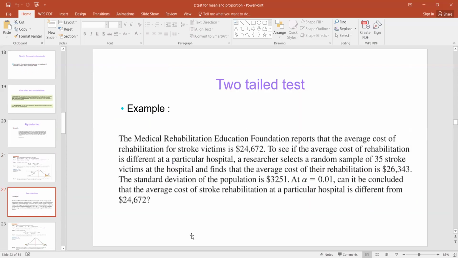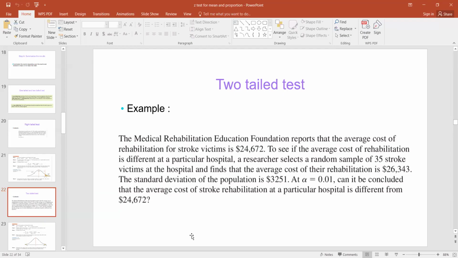This is an example of a two-tailed test. The Medical Rehabilitation Education Foundation reports that the average cost of rehabilitation per stroke victim is $24,672. To see if the average cost of rehabilitation is different at a particular hospital, a researcher selects a random sample of 35 stroke victims at the hospital and finds that the average cost of their rehabilitation is $26,343.